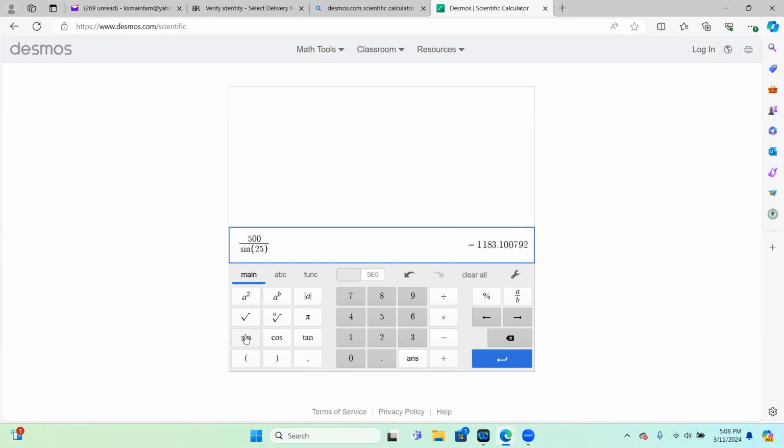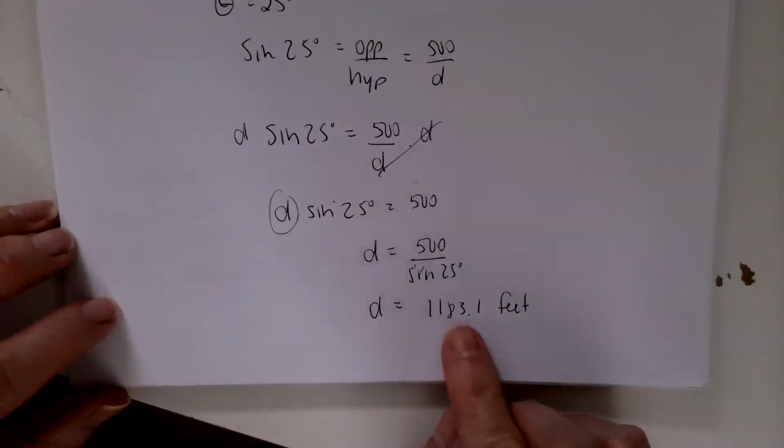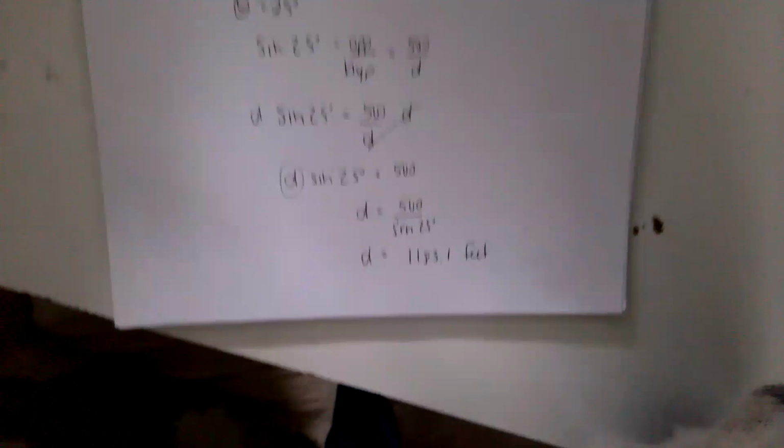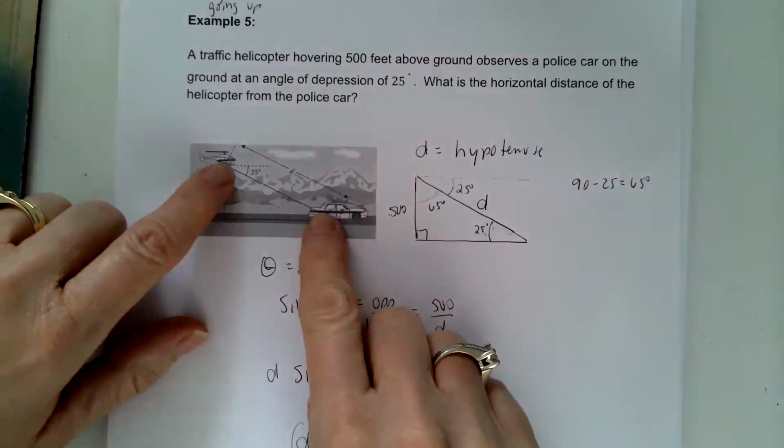And it says that my distance is 1,183.1 feet. That is the distance from the helicopter down to the police car.